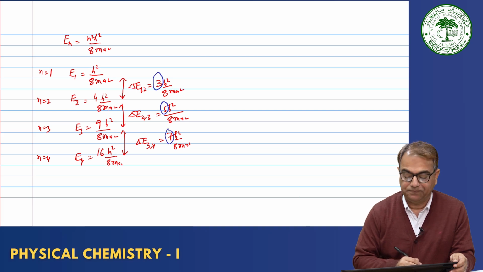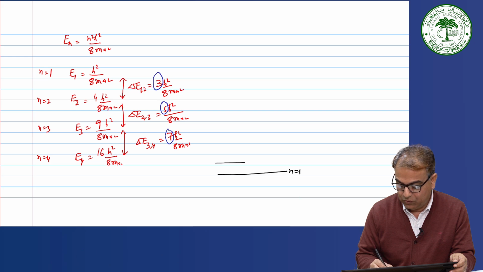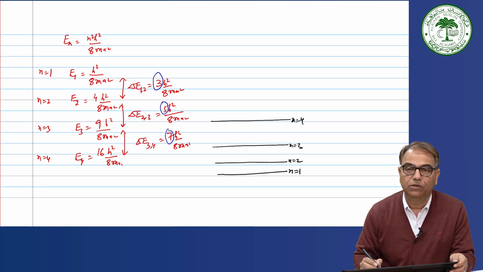So if you plot an energy level diagram and you write n is equal to 1 here, then n is equal to 2 will be at this point, n is equal to 3 will be a slightly more gap, and then n is equal to 4 is equal to this one.